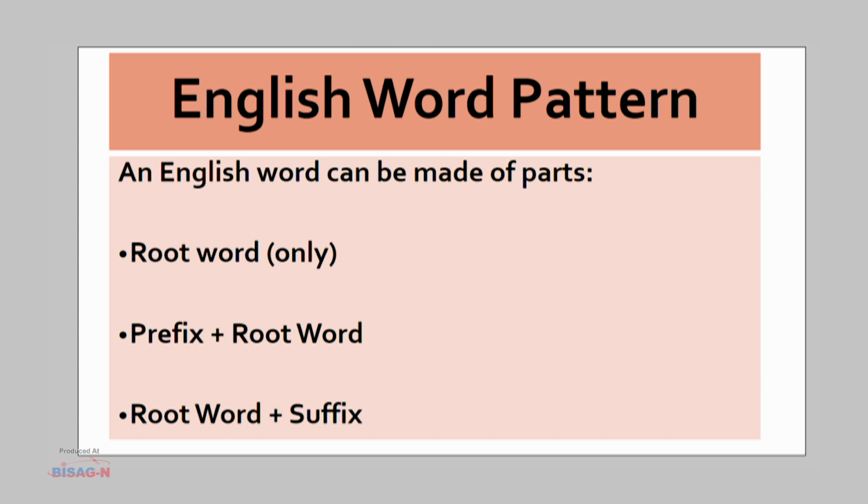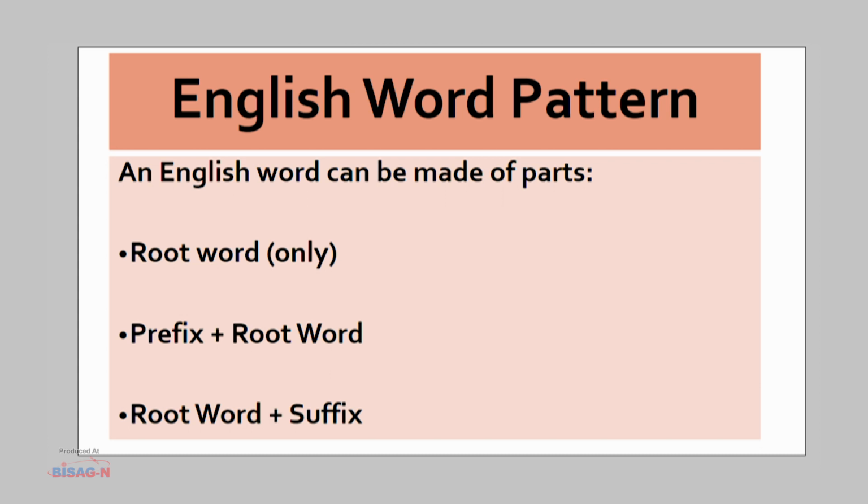Yes, an English word can be made up of parts. First of all, the very first is the root word. Root. Something originates from the root. And when something is added before that root word, that is prefix: prefix plus root word, and after that root word plus suffix.